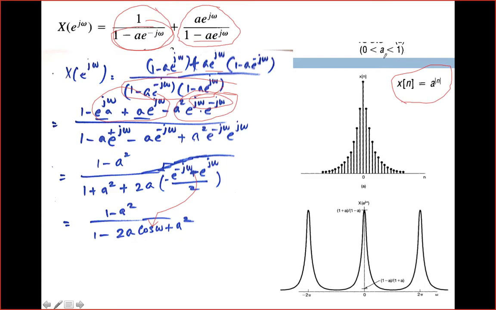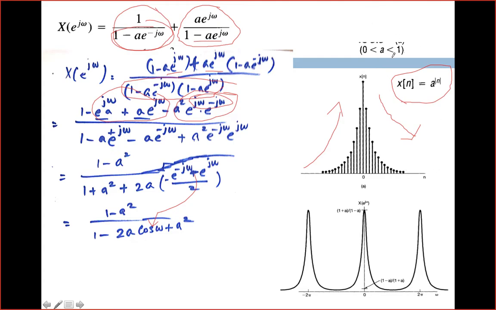When a is in between 0 to 1, for negative values of n I have a growing exponential, and for positive values of n I have a decaying exponential. You have to represent it in terms of samples by considering n is equal to 0, 1, 2, 3, and so on, for any value of a in between 0 to 1.